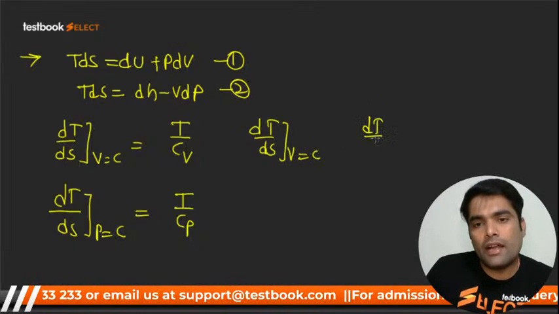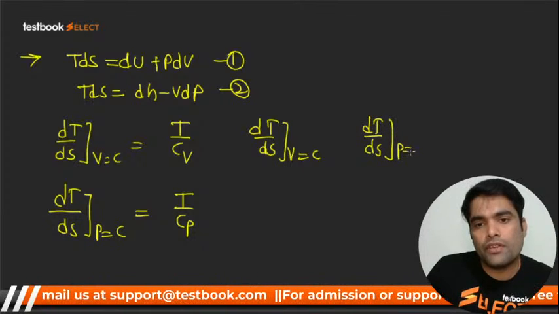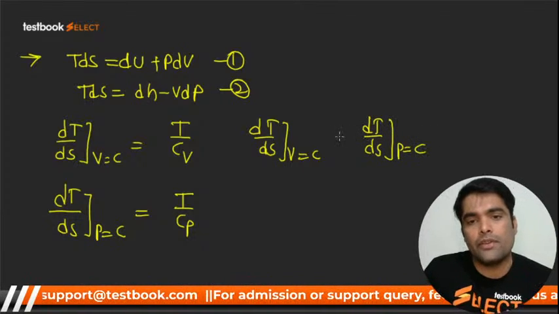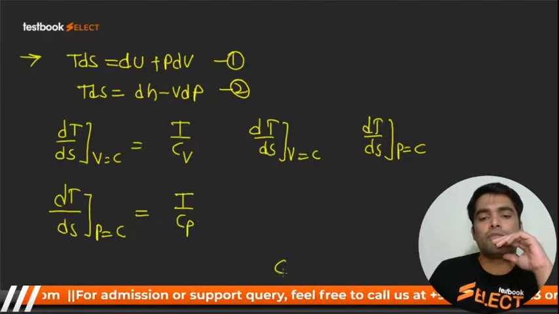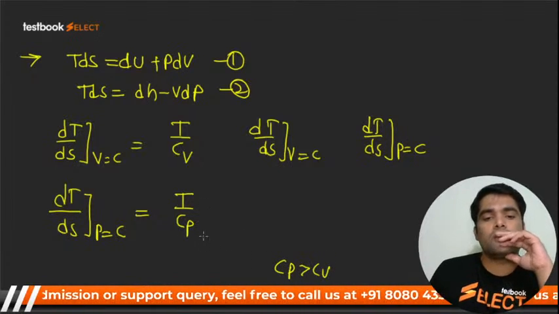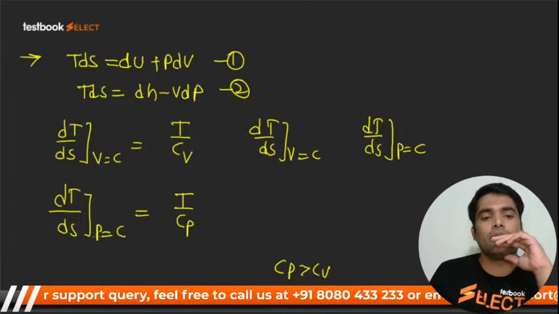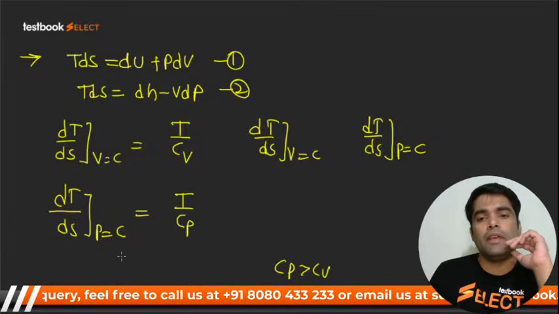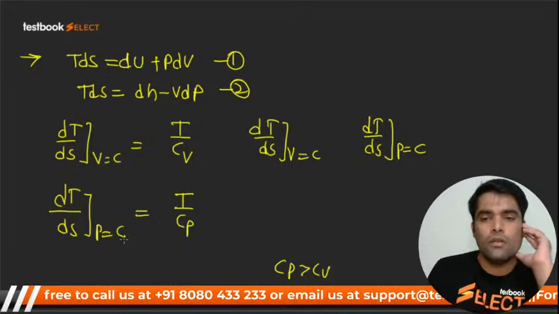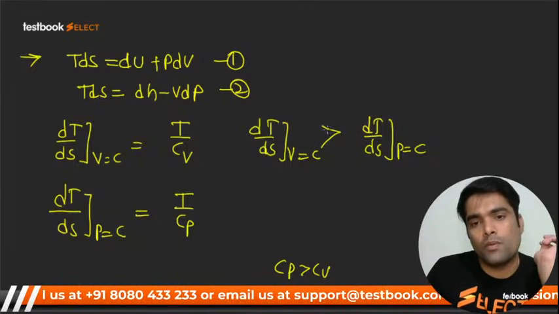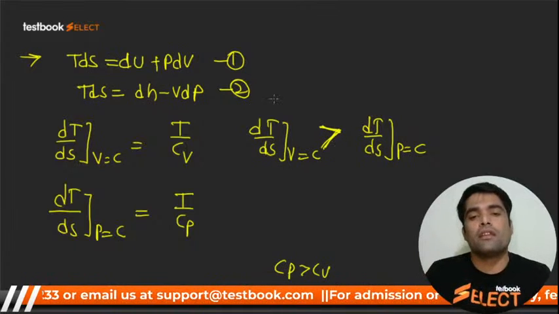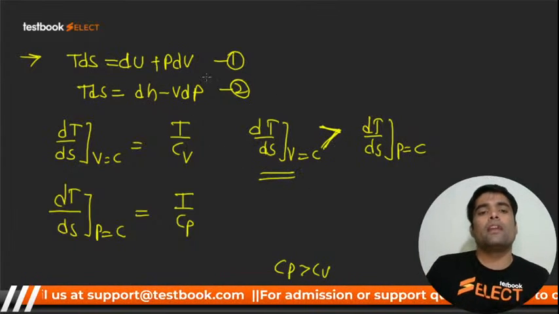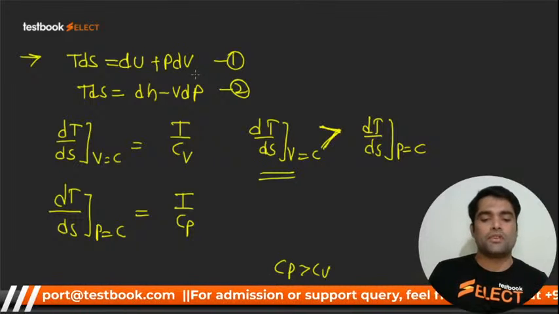Cp is greater than Cv, you know that. So definitely the value of the constant pressure slope will be lower. Yes or no? So definitely the slope of the constant volume process will be higher than that of constant pressure. You can get it with the help of these equations.